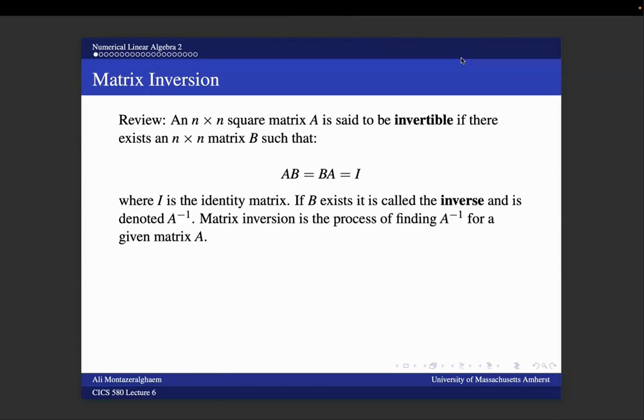Consider that we have a matrix A with n rows and n columns.